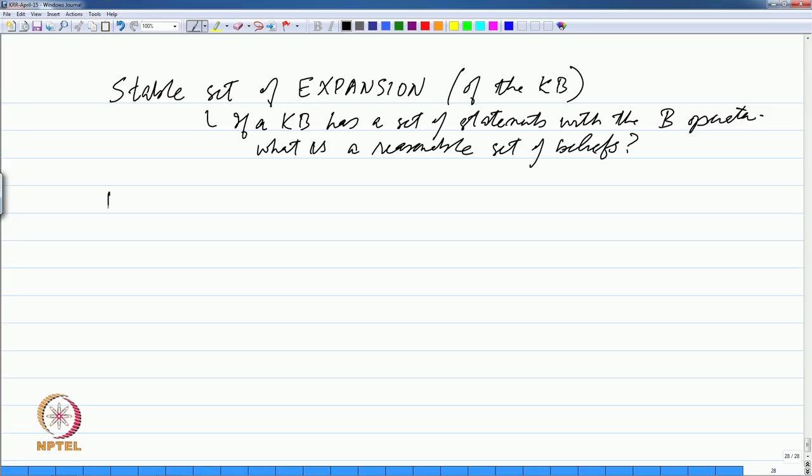So, we call a set stable. So, we will use epsilon again if the following holds. So, there are three properties.